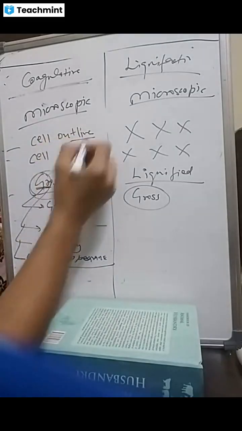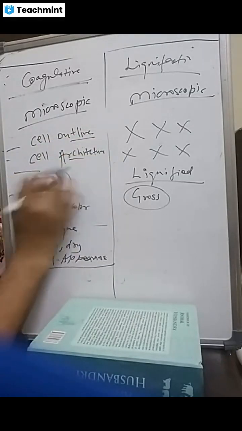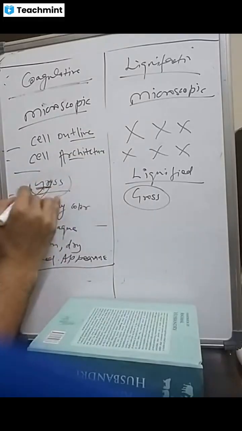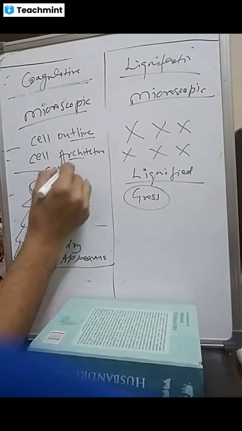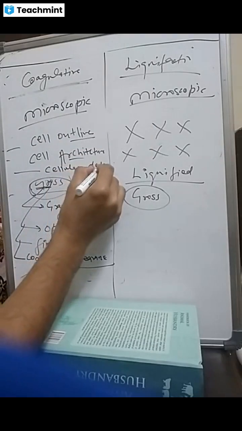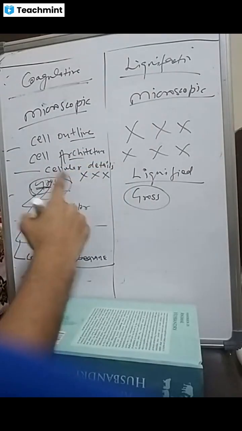Cell outline and architecture are present, but one point was left: cellular details are lost in this case.